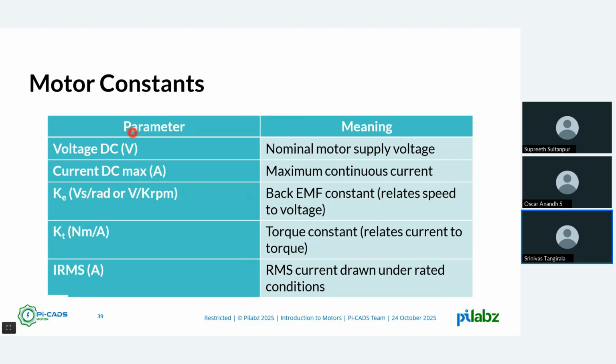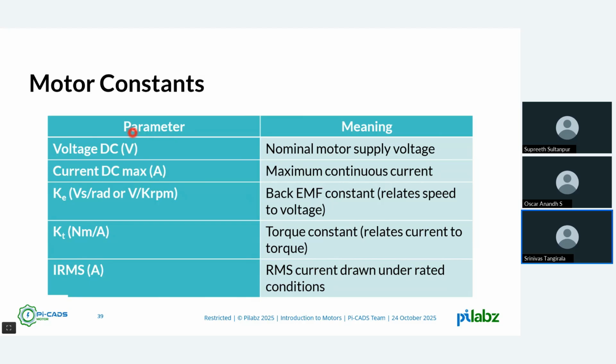We'll talk about the controller later. And this IRMS, the current that is supplied to the motor, even DC motors, they convert to AC through this controller, and the AC current is what makes the rotational magnetic field, which makes the rotor rotate. So that is the basic thing about motors.